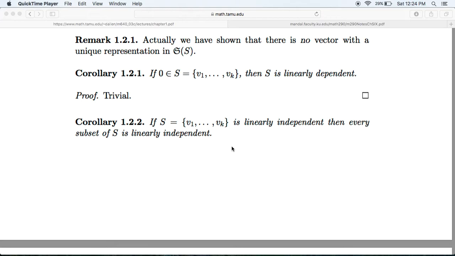So 0 has a unique representation in terms of the vectors in S, and that is the trivial representation where all the scalars are 0.